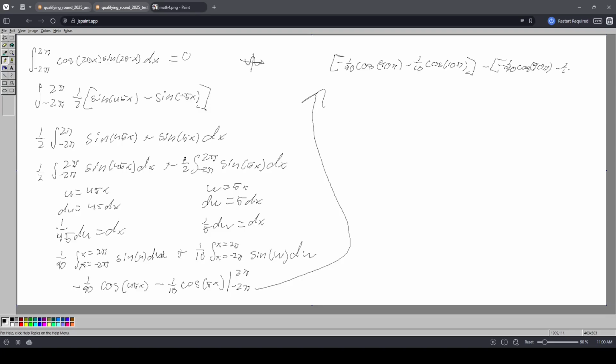And then minus, same thing with this one, 10 pi.